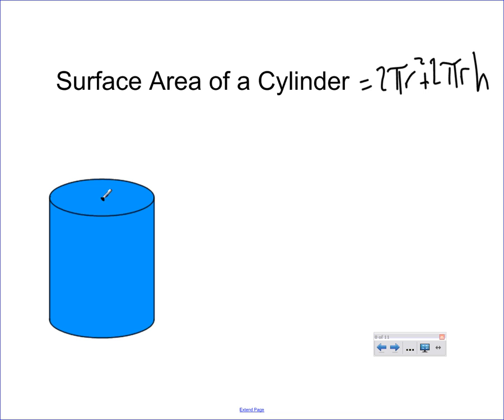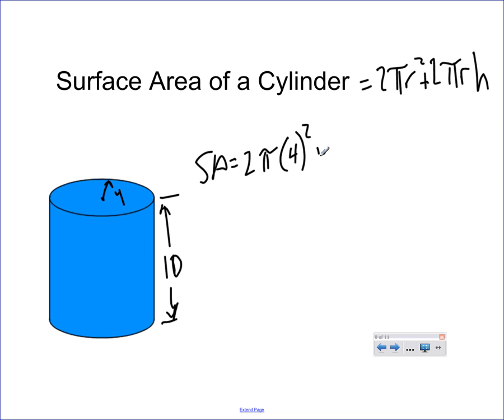So if my radius was, I don't know, 4, and my height was, these nice numbers, 10, we could easily find the surface area, because the surface area is 2 times pi times my radius squared plus 2 times pi times my radius times 10.